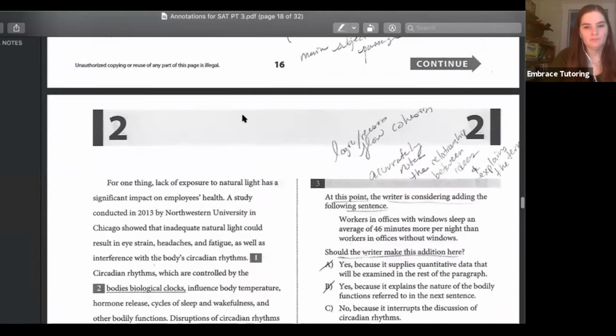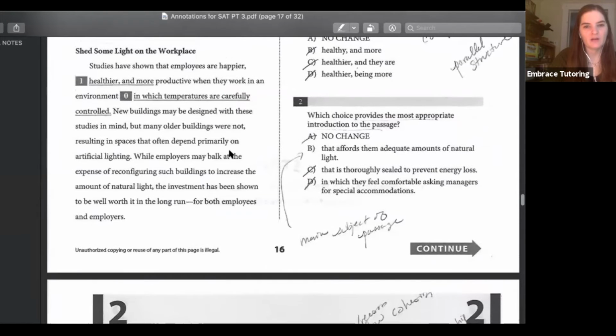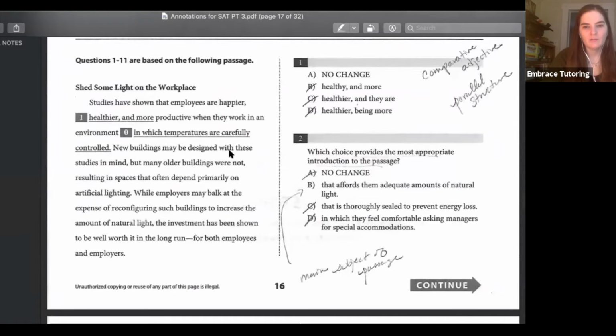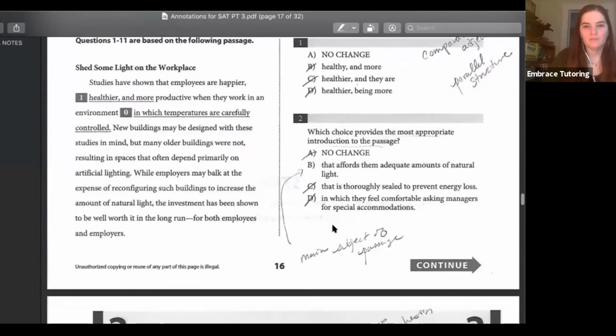They're identifying the first section that they're really looking at. So 2, I think, is really supposed to be here, in which temperatures are carefully controlled, because that's what these are talking about. They're talking about this first sentence, really.